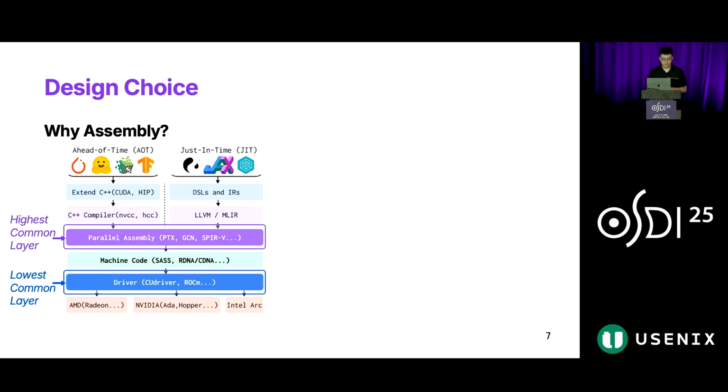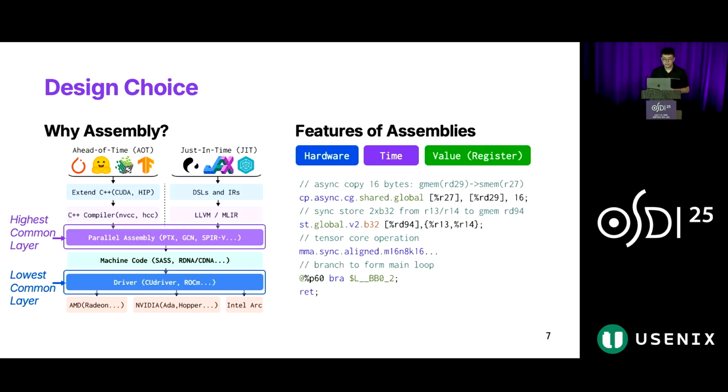So our design choice is to use the parallel assembly as a probing layer, because this is the highest common layer of the ecosystem, and use the driver as the runtime support, because this is the lowest common layer in the ecosystem.